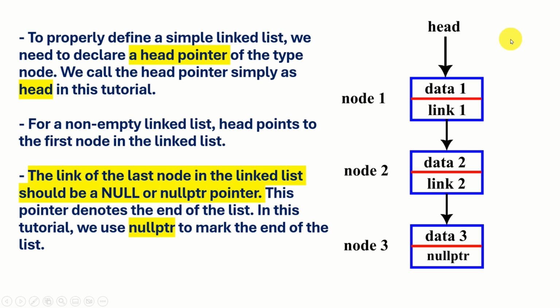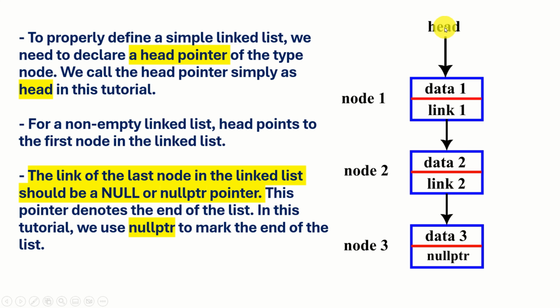So to summarize, over here you can see a linked list. This linked list contains 1, 2, 3 nodes. Nodes are actually data structures. Every node contains data and a link, or better to say a pointer, to the next node in the linked list.